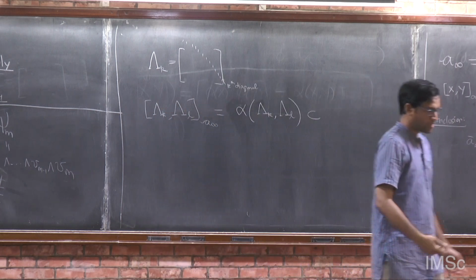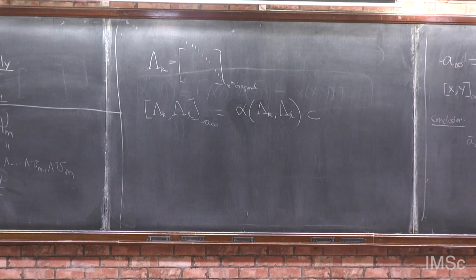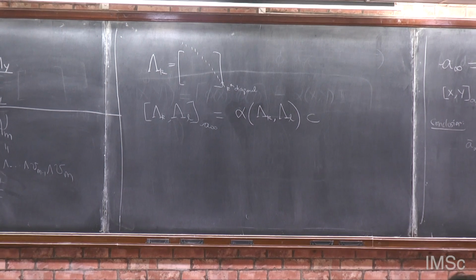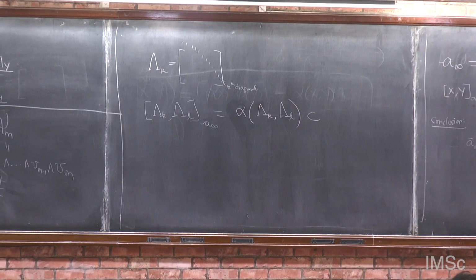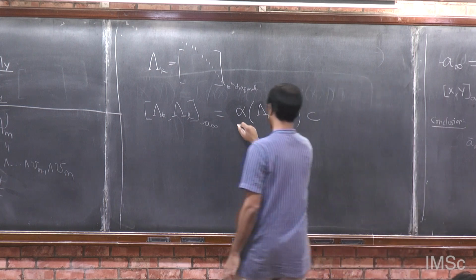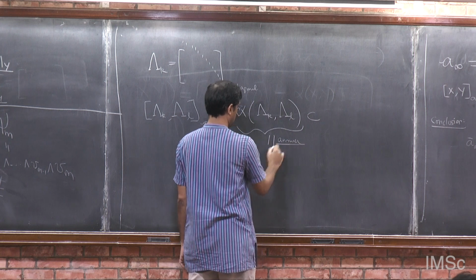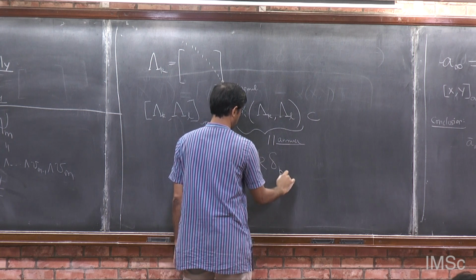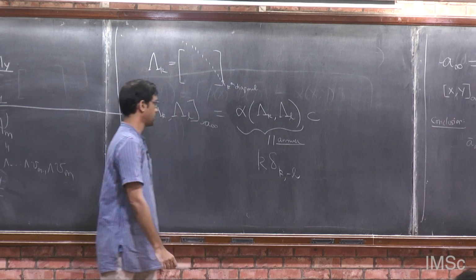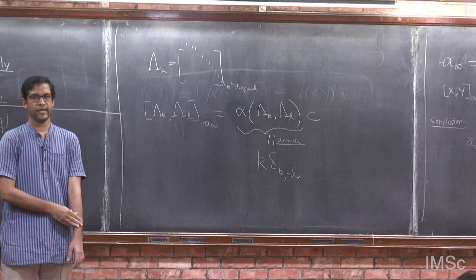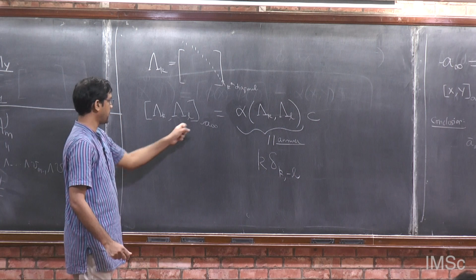Okay, so that's a computation one must do, and hopefully we will do that in the tutorial as well. And the answer, let me tell you the answer alone. It turns out to be k times delta k minus L, times C. So k and L are these two guys.